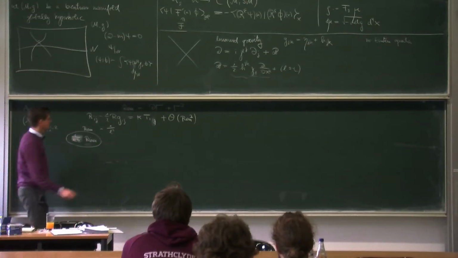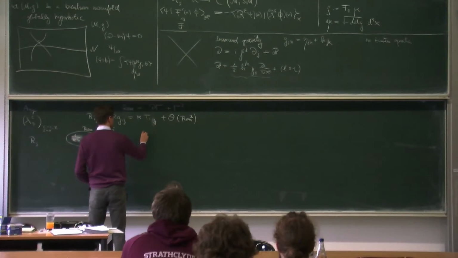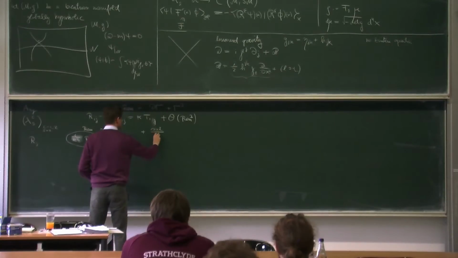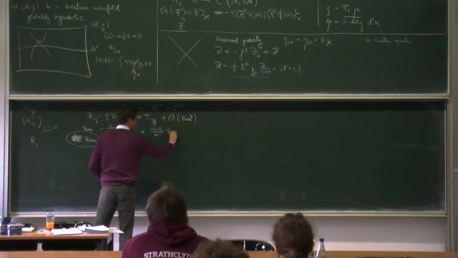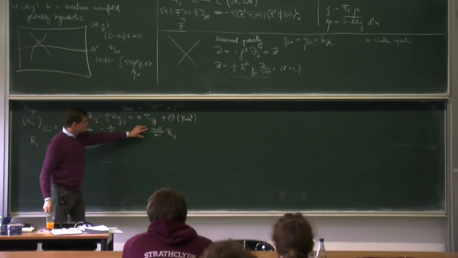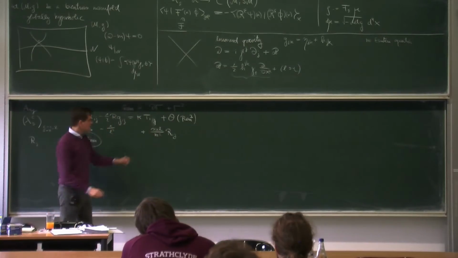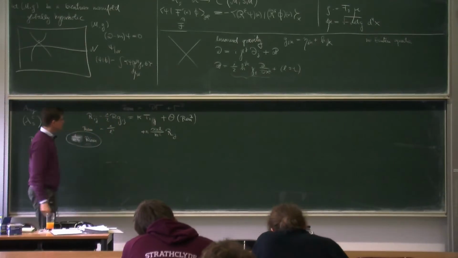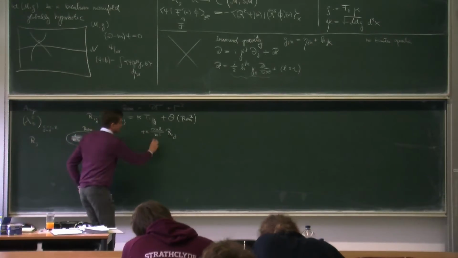For example, one could have a correction term like the scalar curvature over m squared times the Ricci tensor. This would be quadratic in curvature and would have the same scaling behavior. So the kappa would again have scaling dimension 1 over length squared, and this is a dimensionless quantity.